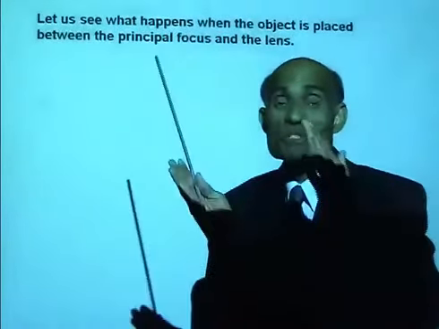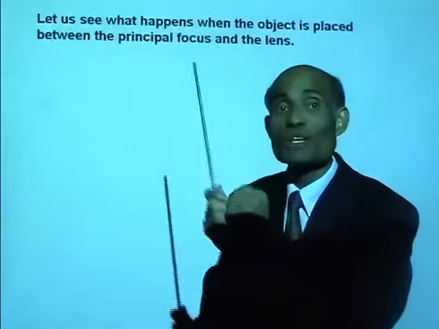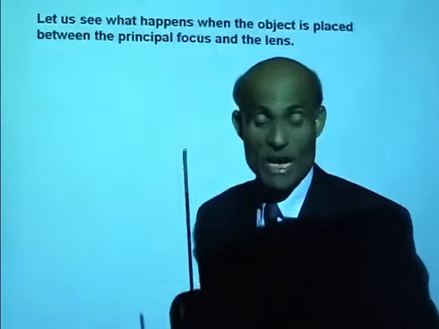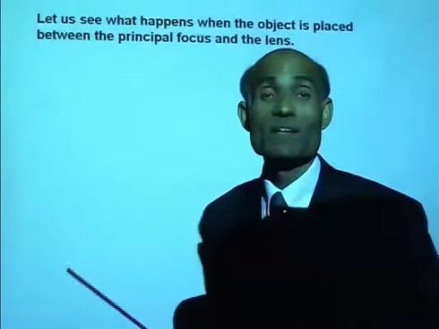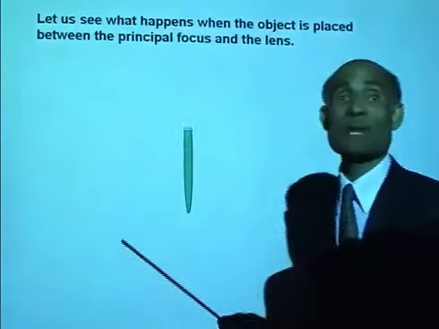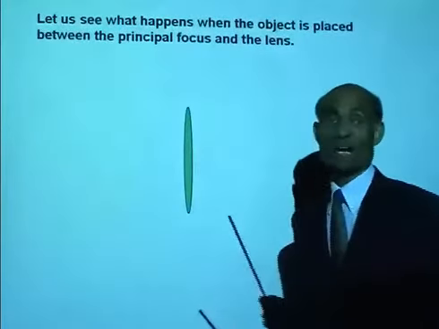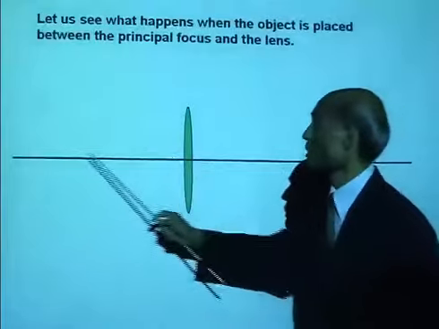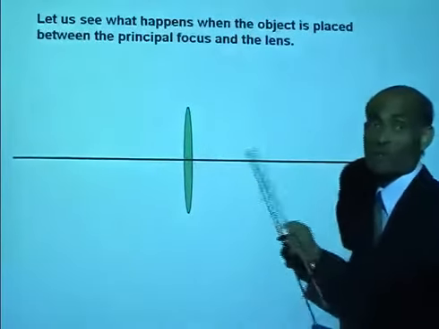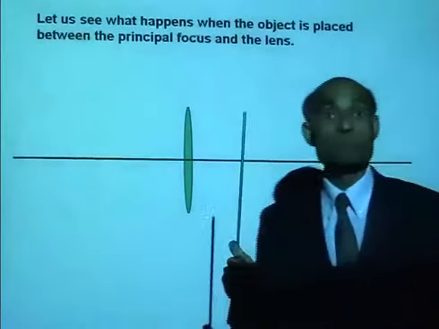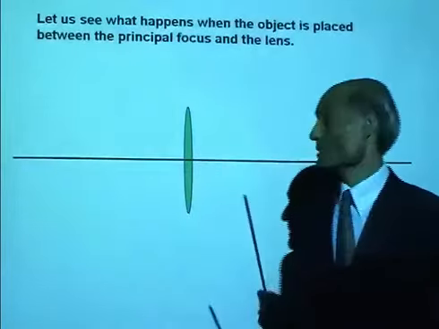Bring the object closer and closer to the lens and keep it between the principal focus and the lens. Alright, let's draw this diagram. This is the lens, and what is this line that I drew? That is the principal axis.